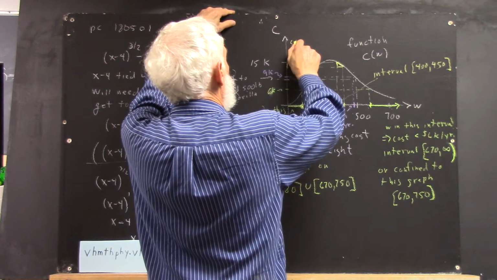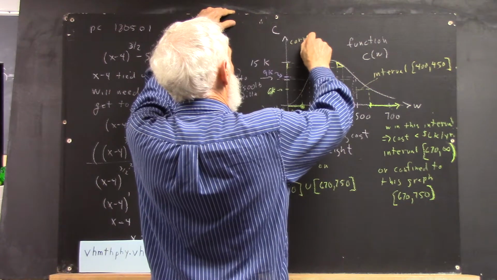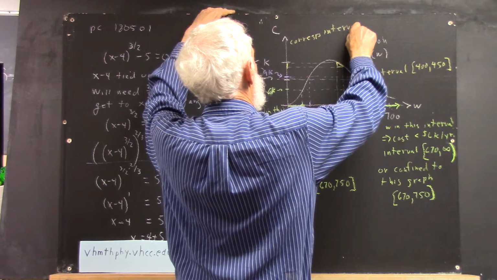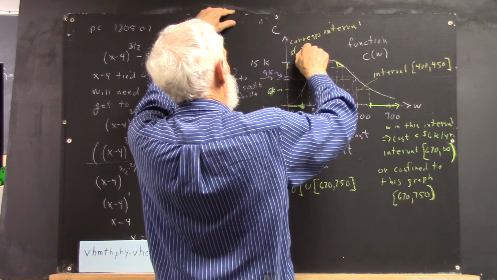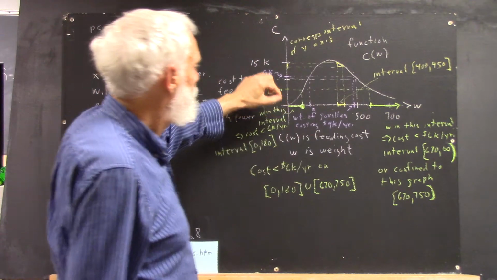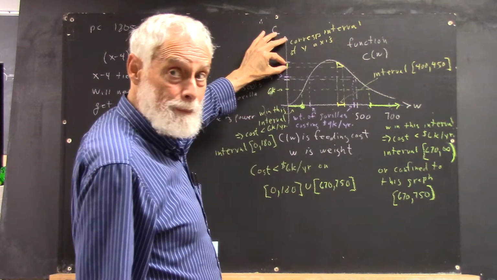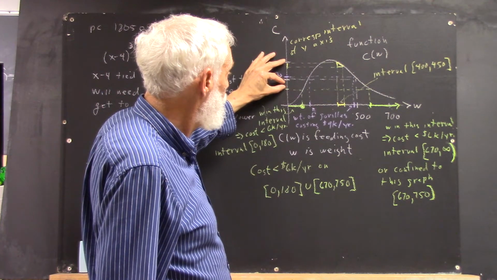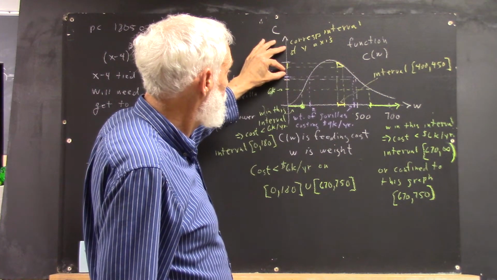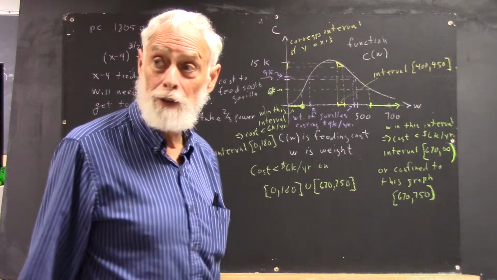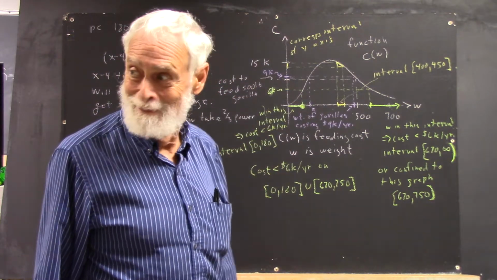This is a corresponding interval of the y-axis. Now, there are 1, 2, 3, 4, 5, 6, 7.5 of these intervals in the 15,000, so that interval appears to be 2,000.